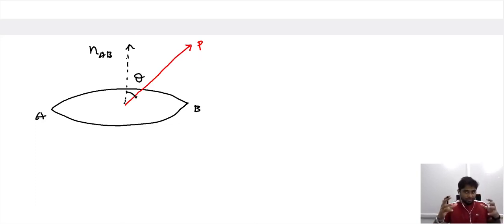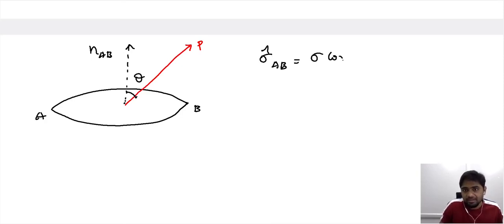Now irrespective of a pseudo three-dimensional condition or the actual three-dimensional condition, for a given plane, the normal is going to remain the same. So therefore in the three-dimensional case, the stress along the normal direction of AB is going to remain the same. It is sigma cos square theta.